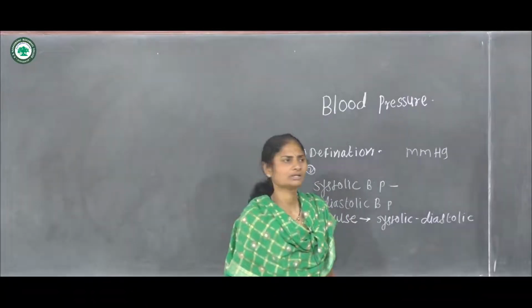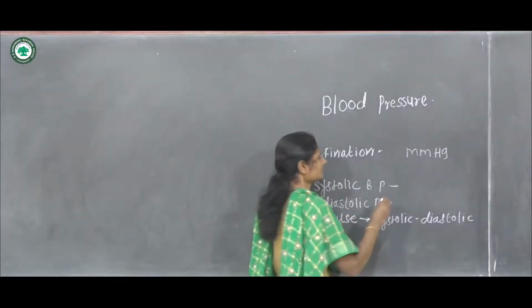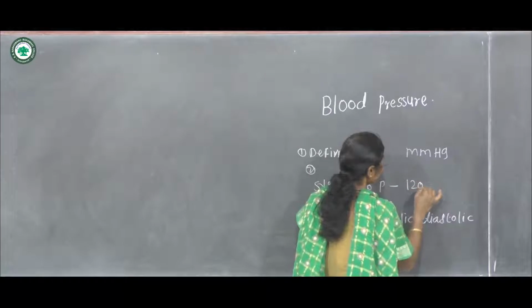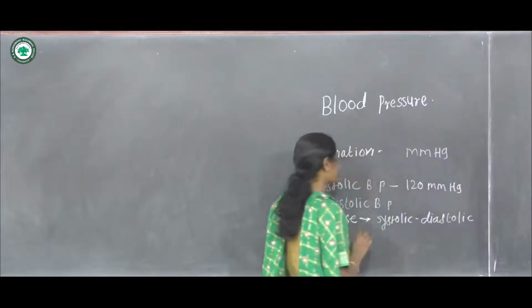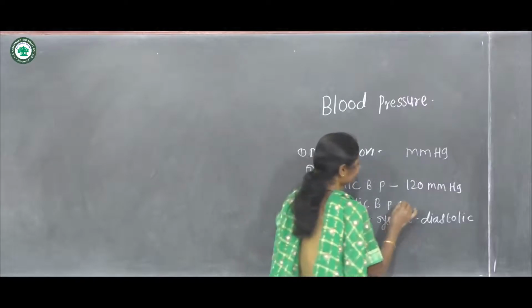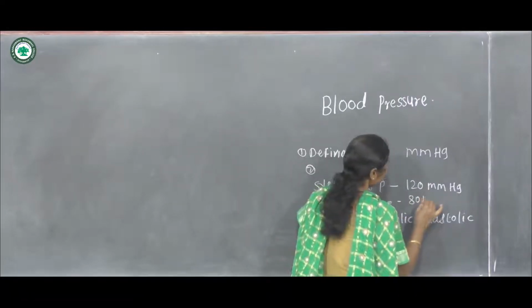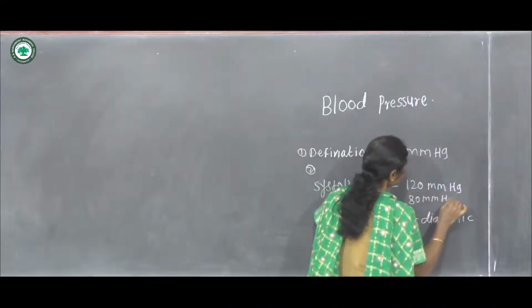Normal systolic blood pressure is 120 mmHg and normal diastolic blood pressure is 80 mmHg.